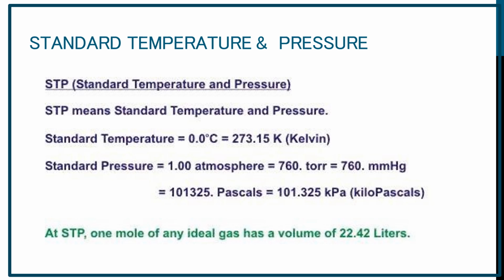So remember, at STP conditions, the temperature is 0 degrees Celsius or 273.15 Kelvin, and the standard pressure is 1 atm, equals 760 millimeters of mercury. At STP, 1 mole of any ideal gas has a volume of 22.42 liters.